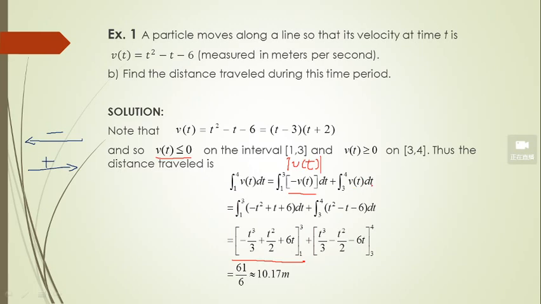We just apply the net change theorem from T1 to T2: the integral of the rate of change of the position function, velocity v(t) dt, is s(t2) minus s(t1).